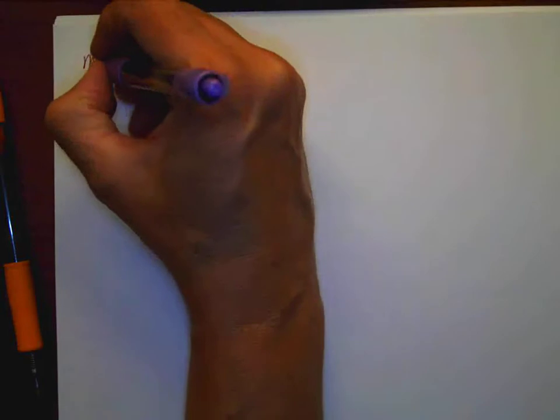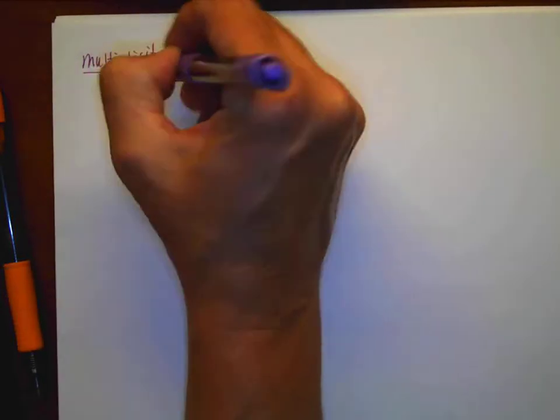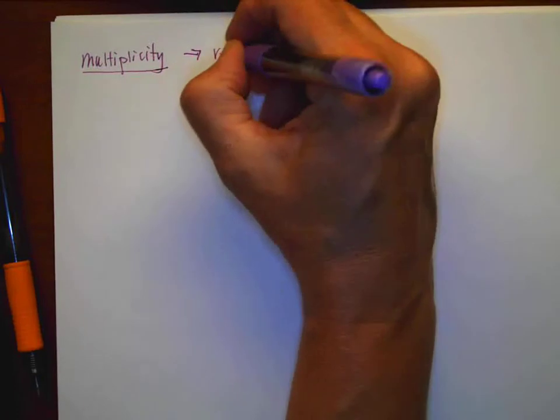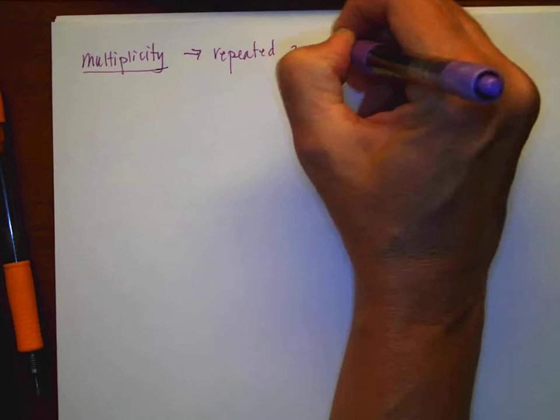All right, the next concept that we have for this particular section is multiplicity. And this means that there are repeated zeros.